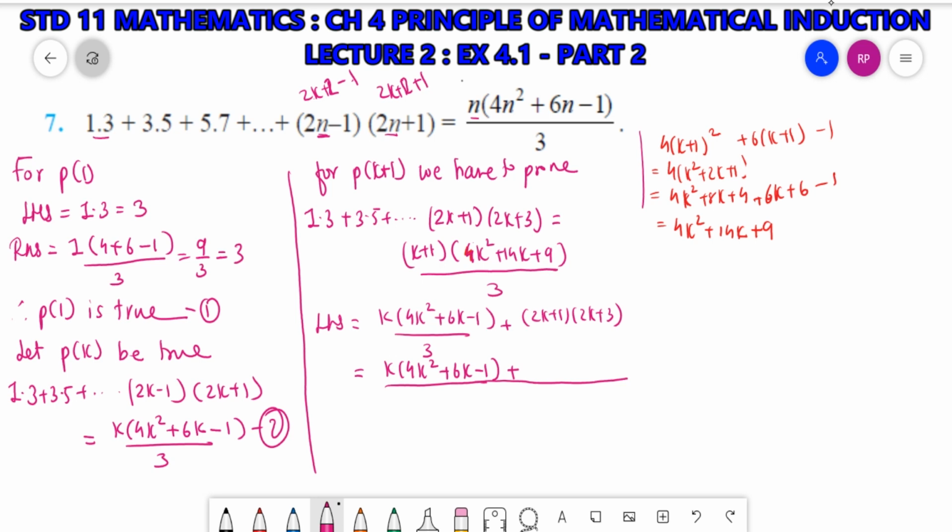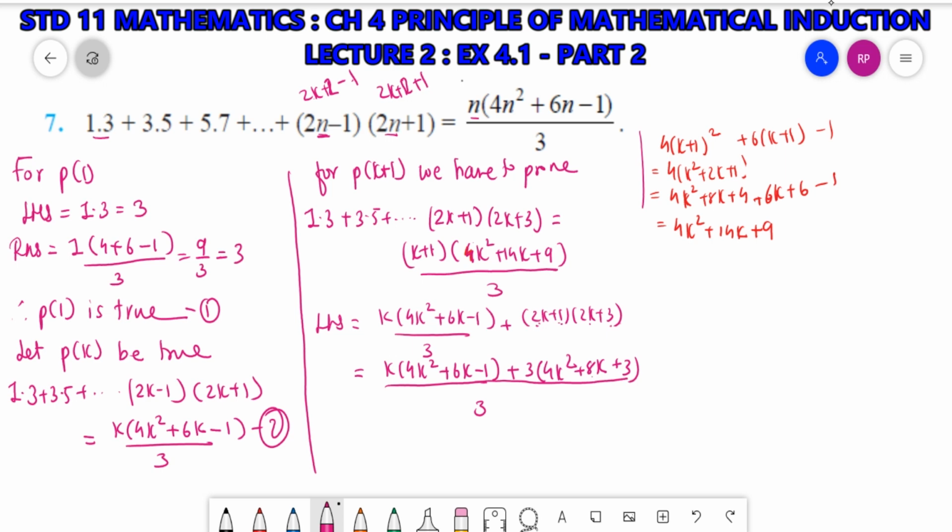I will take LCM, 3 into, let's multiply this, 2k into 2k, 4k square, 2k into 3k, that is 6k, plus 1 into 2k plus 2k, so plus 8k, okay, plus 3 into 1, 3. Clear? Remember this, 2k into 3k, 6k plus 2k into 1, 2k. So I have written 8k.